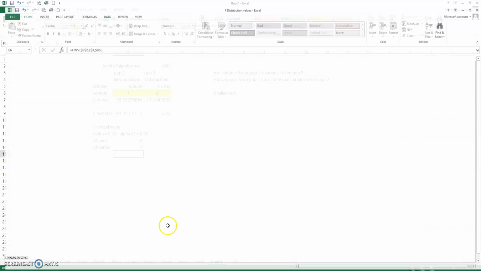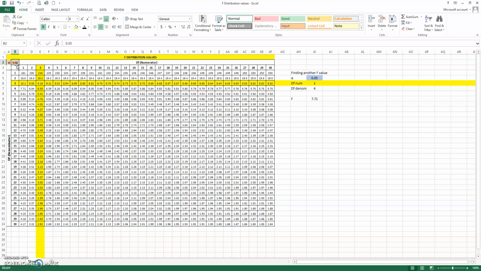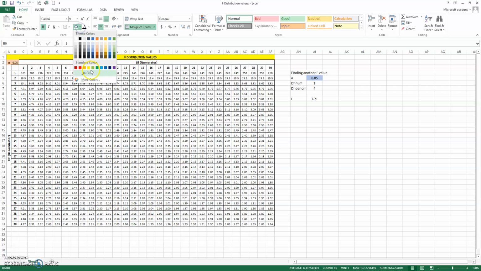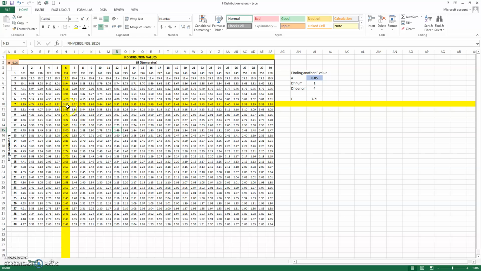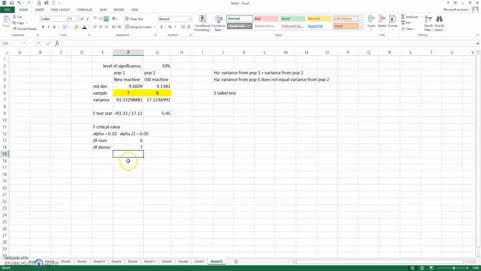We'll be using a 0.05 chart. And we have 6 and 7 degrees of freedom: 6 degrees of freedom in the numerator and 7 degrees of freedom in the denominator. So our critical value is 3.87. Let's just write that there, 3.87.